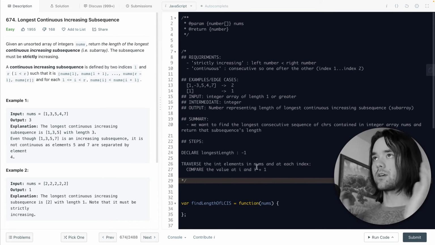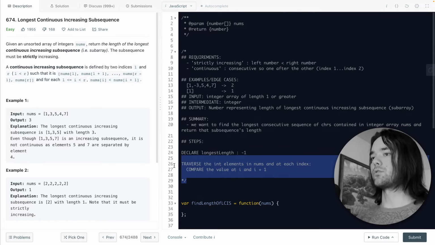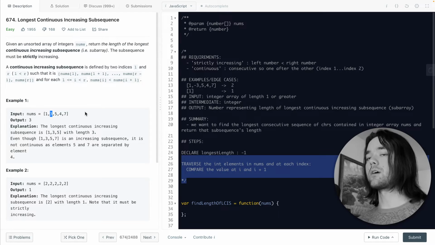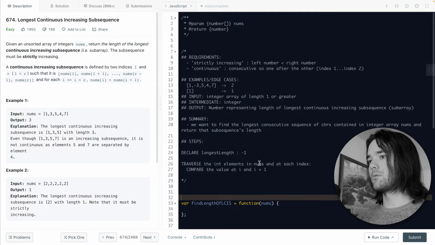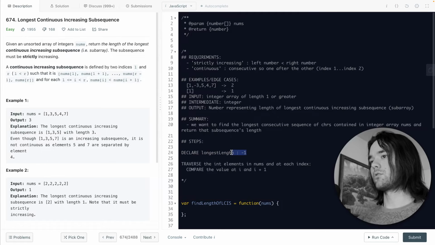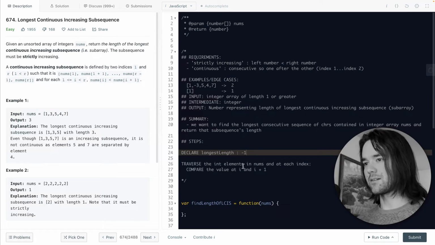So essentially, left element, for this example here, would be 1 initially when we first start looping, and right would be 3. So we want to check to see if the one on the right is greater than the one on the left. And if it is, then we would want to maybe increment longest length, or maybe have another variable that stores the current longest length.